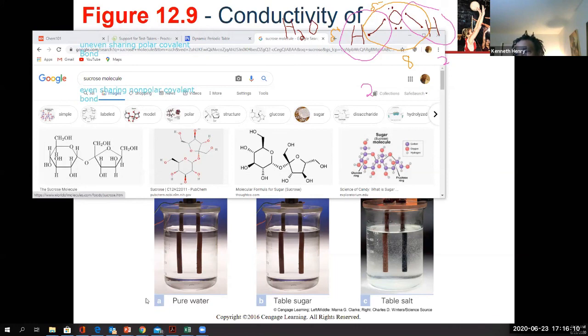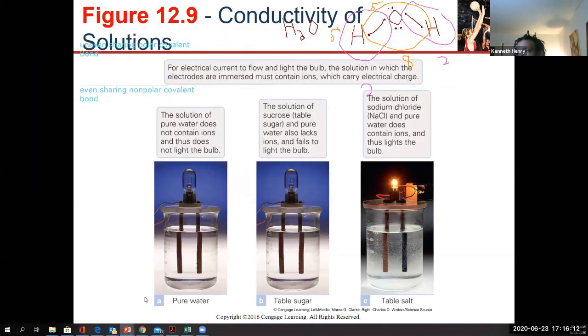In this case, we have sodium. As soon as we put sodium chloride in water, water acts like a homewrecker. Water will dissociate the sodium chloride because, remember, I told you water is polar.